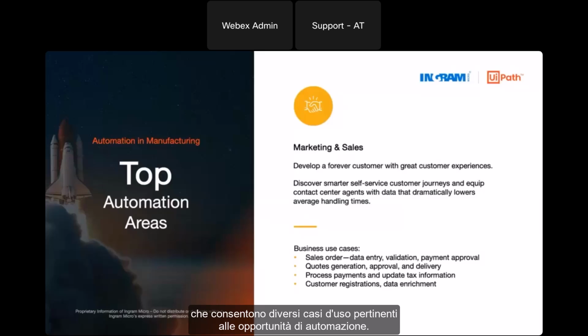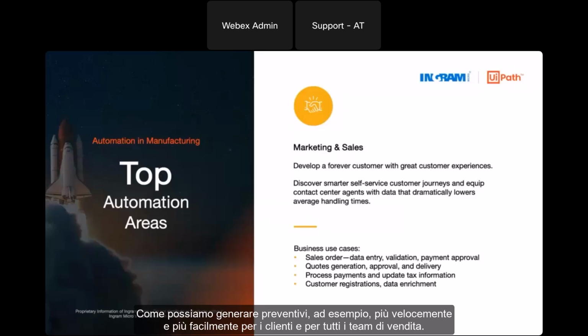enable different use cases that are relevant for the automation opportunities, right? For example, here in marketing and sales, from the data entry of a purchase order, the validation of that order, making sure that we have the payment in process, or we already received the payment from the customer, how we can generate quotes, for example, faster and easier for the customers and for our sales teams.